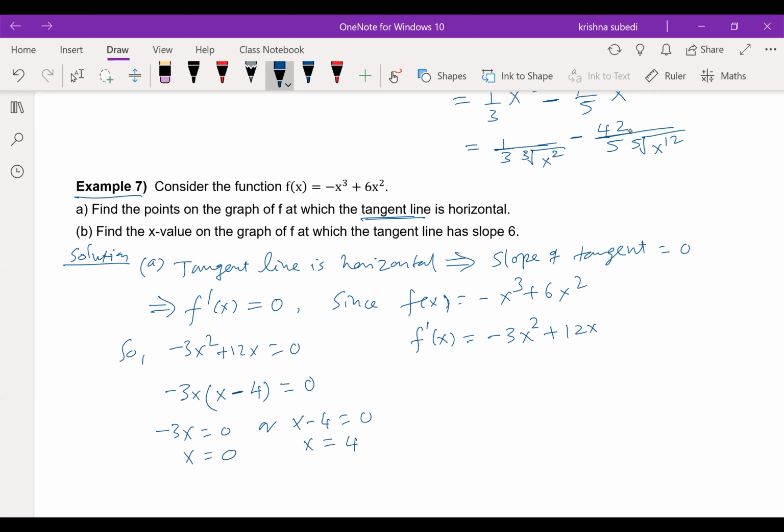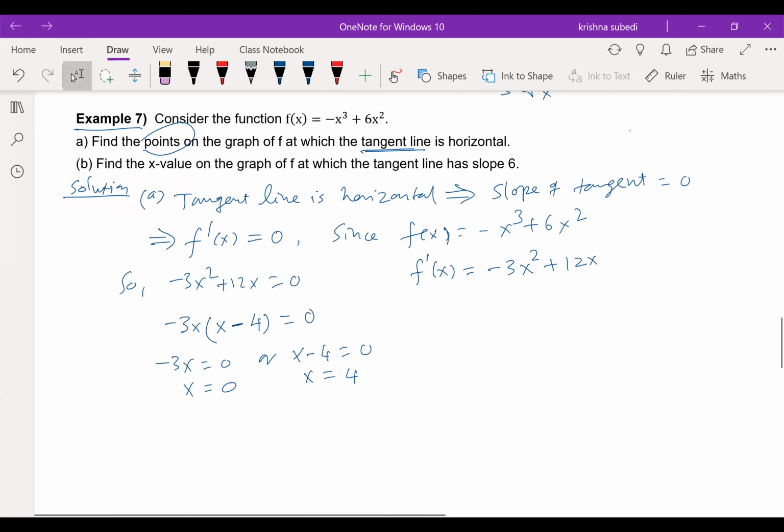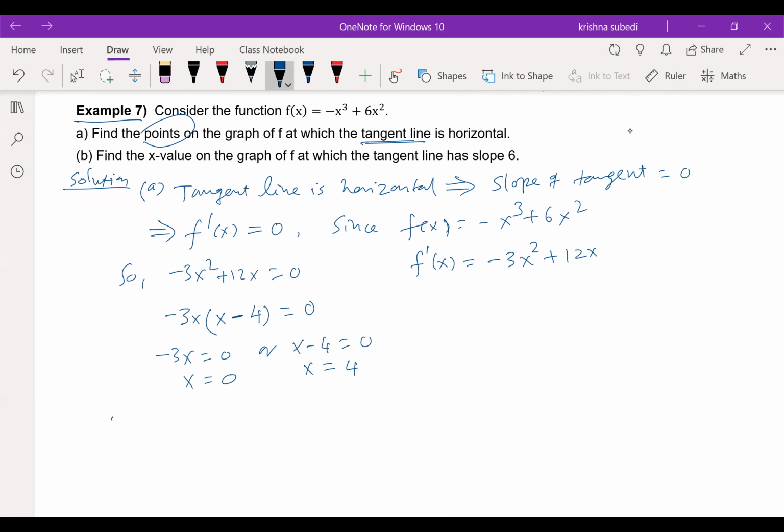Now it says to find the points. That means we need to find the coordinates x and y. So when x equals 0, your y value, which is the function f of 0, is going to be negative 0 cubed plus 6 times 0 squared, which is 0. So the first point is 0 and 0.